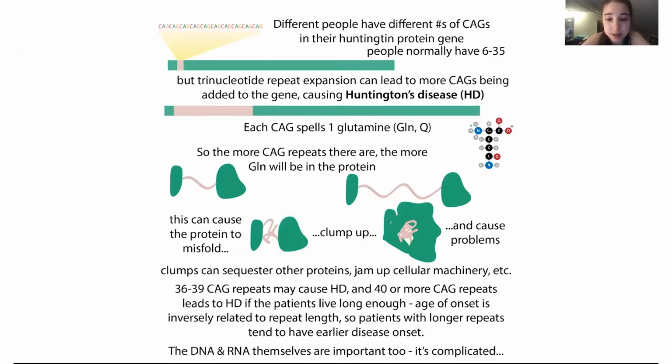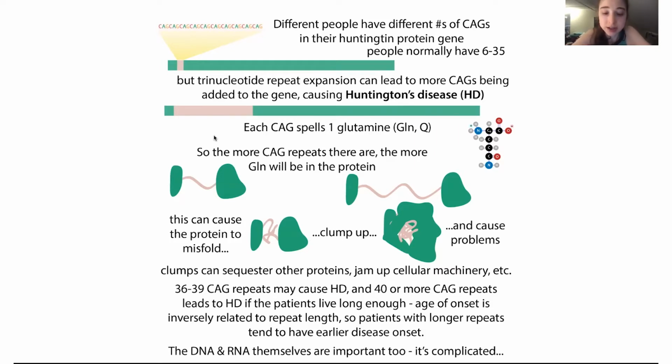So in Huntington's disease, basically what happens is we get a long chain of glutamines in the protein, and this is going to cause it to misfold and clump up and cause problems. It's a lot more complicated than that, but that's part of the toxicity of this protein.